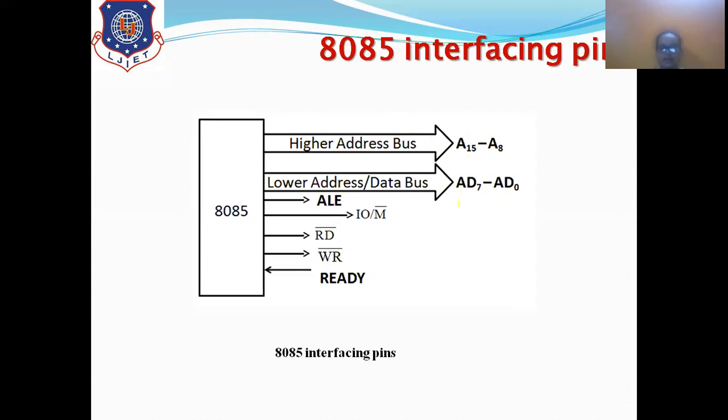Now, to demultiplex this signal, we need to enable pin number 30, which is ALE, that is the address latch enable signal. And the rest are the control signals, that is IO/M bar, RD bar and WR bar, through which we are generating our control signals, right? And the READY pin, which shows that the processor is ready for the new task, right? So these are the pins which we will use compulsorily while interfacing the memory with the 8085.